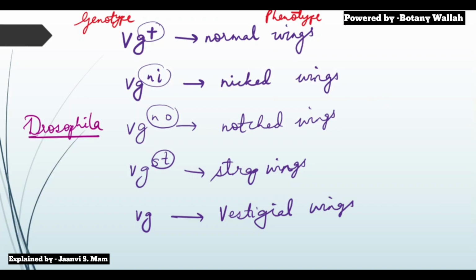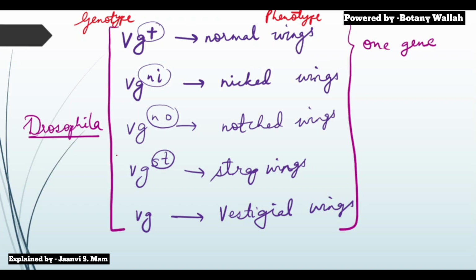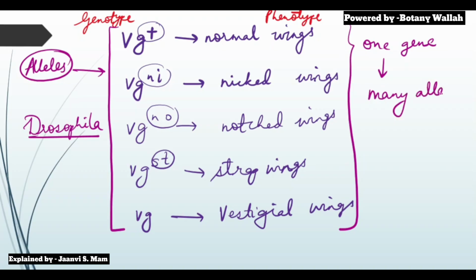There are so many, but it is one gene with these many alleles. Wing has only one gene, but it has many alleles in Drosophila.